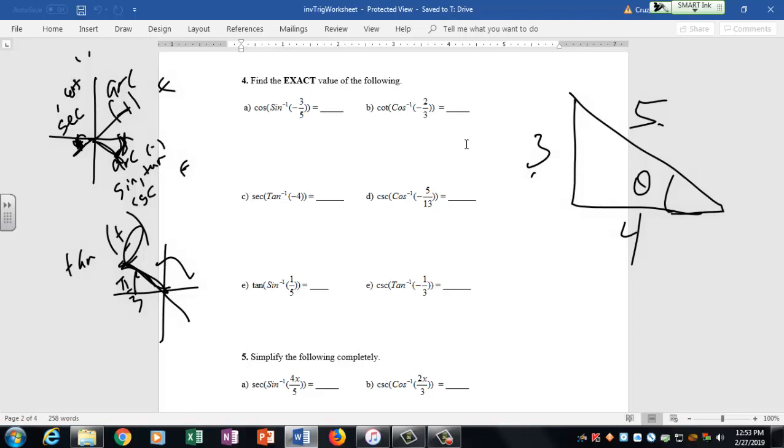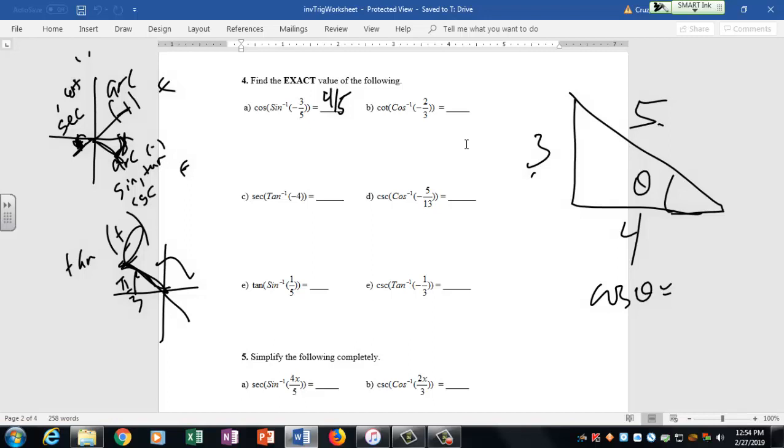Now, what is cosine of that? So cosine theta becomes what? Adjacent over hypotenuse. Okay. Tangent is -4. What quadrant is that? If tangent's -4, what quadrant are we in?